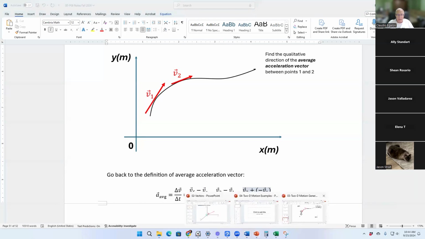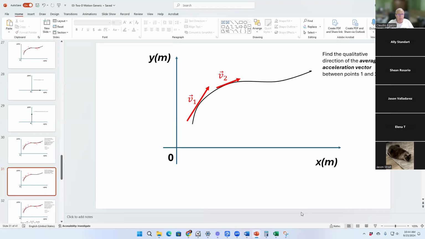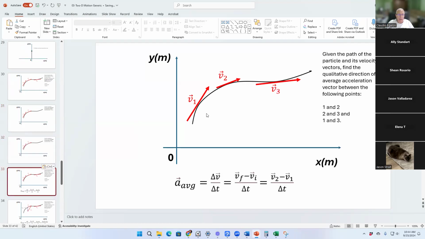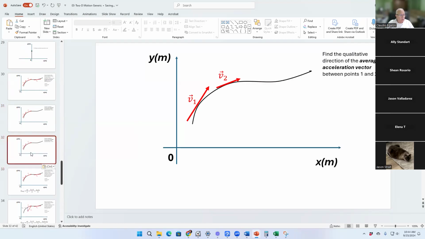And we can do that right here in my PowerPoint. I will make sure that I display only the two vectors that we are interested in. Everything else we can get rid of, right? Here are the two vectors. I don't need the paths. I'll keep the x and y axis. Okay?